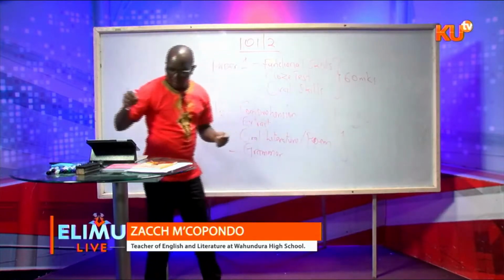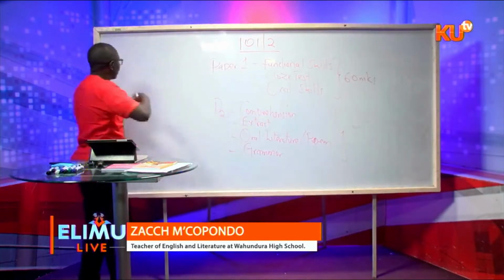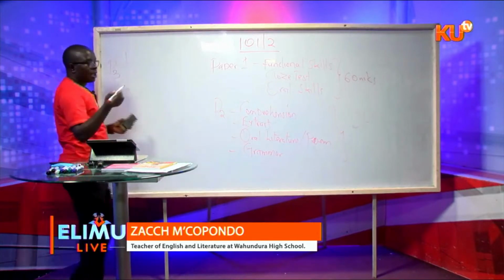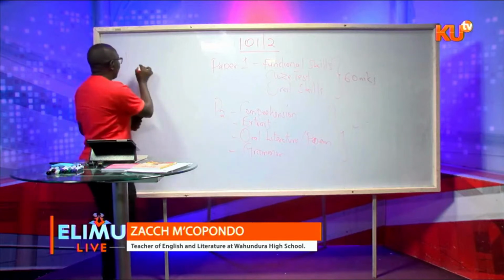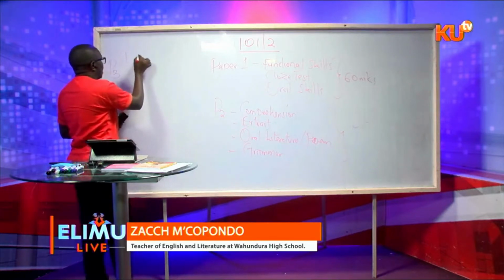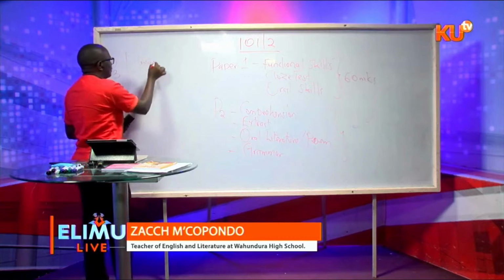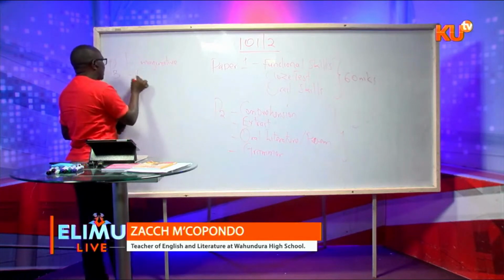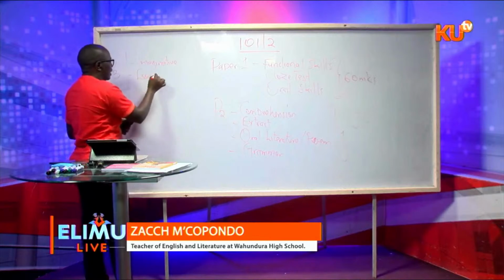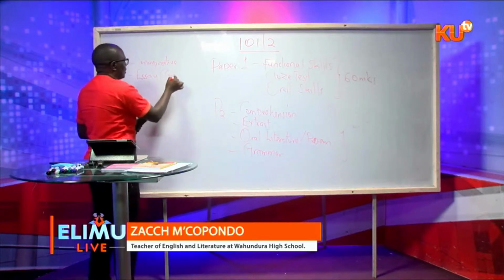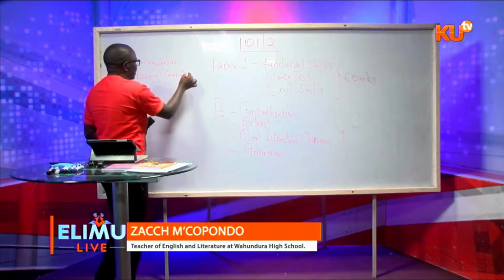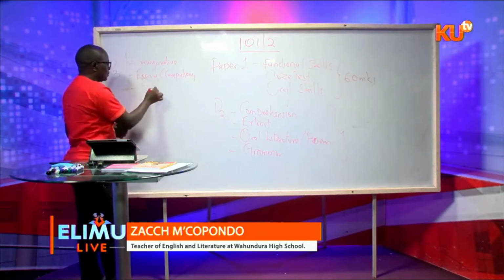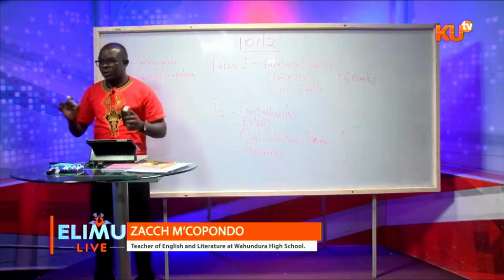Later, maybe in our next class, we'll be focusing on Paper 3. Paper 3 again carries 60 marks. This is where we'll focus on imaginative writing, then an essay from a compulsory text, and then essays from an optional text.